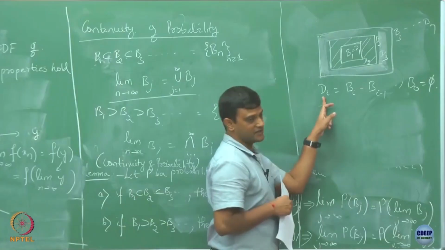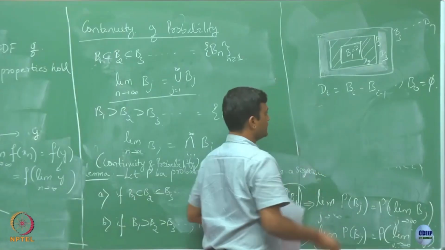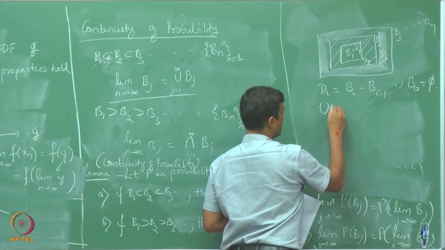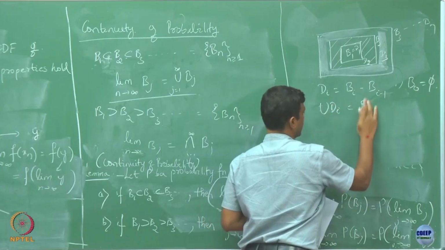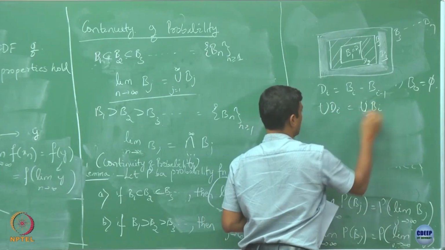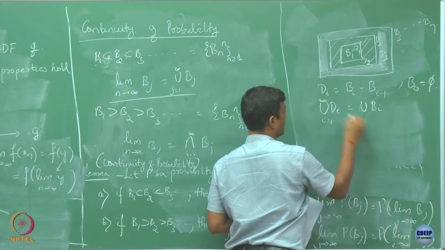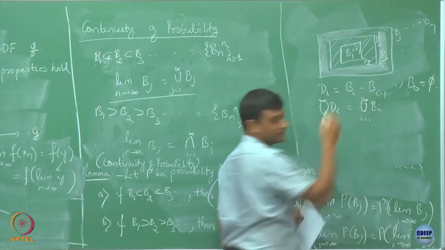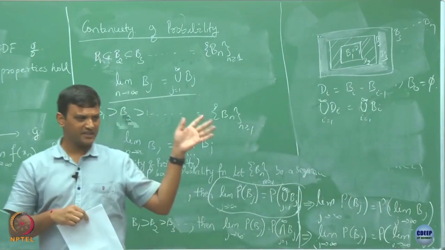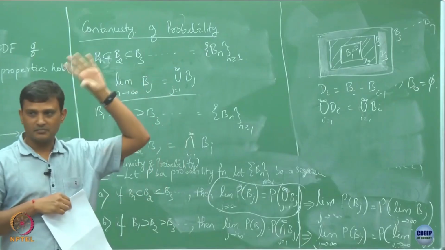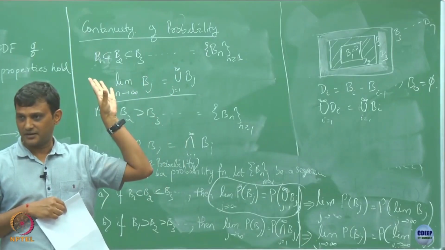So I have another sequence Di, and is it true that union of Di is equal to union of Bi? Yes, no? Because they are basically capturing the same elements together.